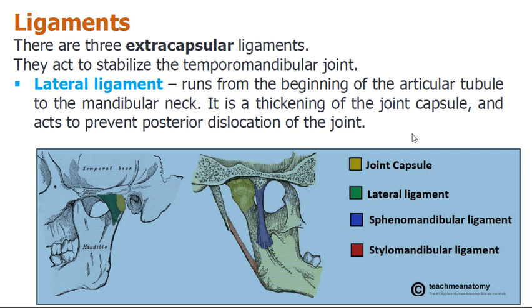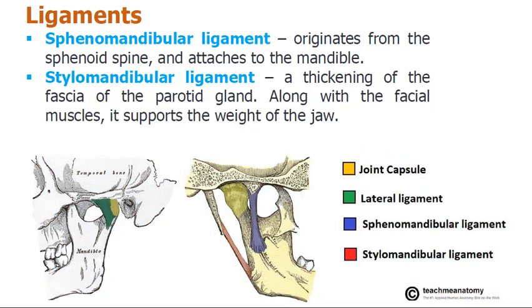The second ligament is the sphenomandibular ligament, seen in the blue color, extending between the sphenoid spine and the mandible, which also stabilizes the joint and gives strong support. The other is the stylomandibular ligament, and as its name suggests, it runs between the styloid process and the angle of the mandible.